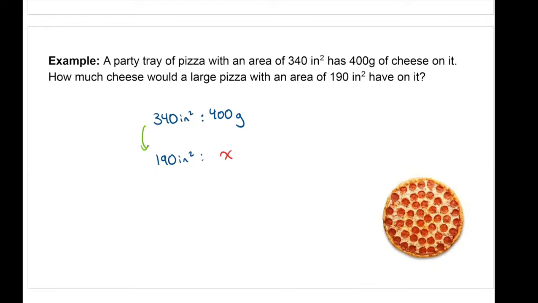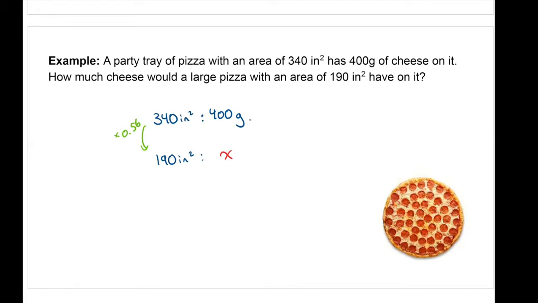So again, we need to figure out what I need to multiply by to go from 340 down to 190. We can do 190 divided by 340, which is 0.56. So that means I would have to multiply 340 times 0.56 to get to 190.